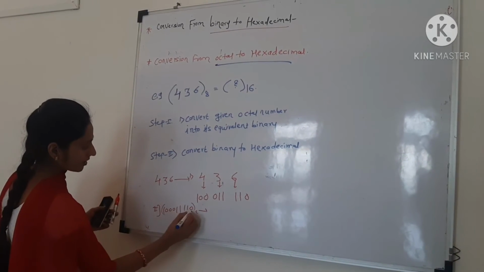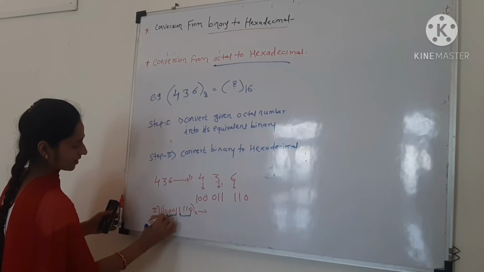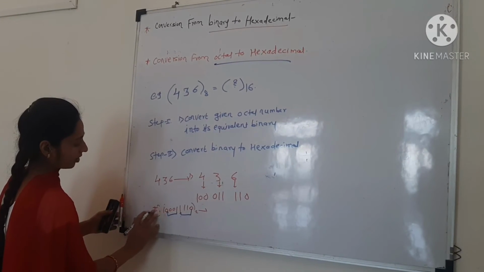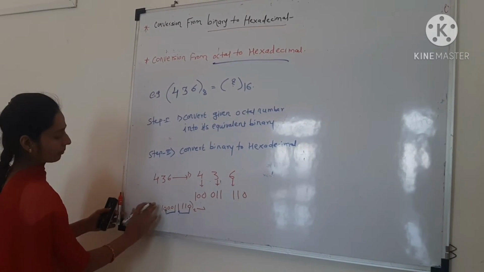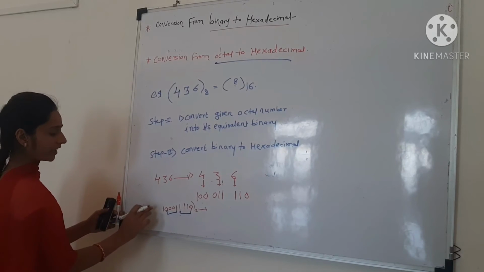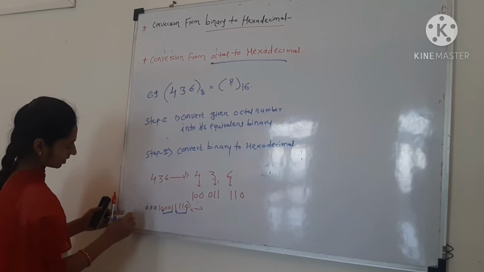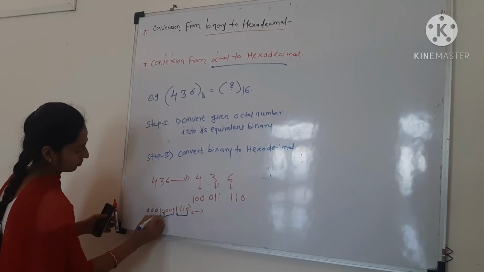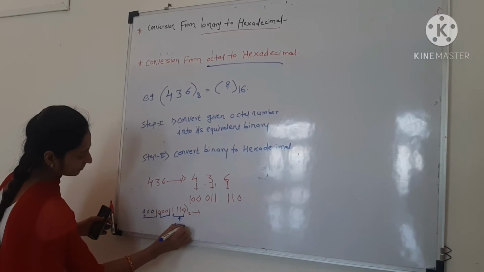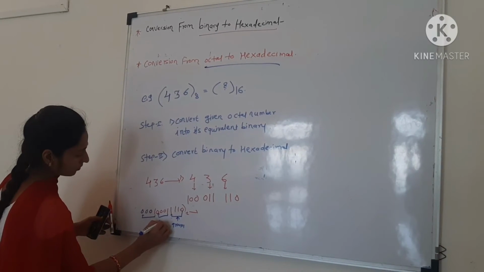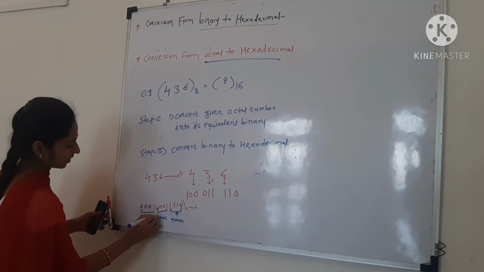This is the first group, this is the second group, and now only one bit is left. To form 4 bits we require 3 additional bits, so write the 0s on the left side. So this is our third group: group 1, group 2, group 3.